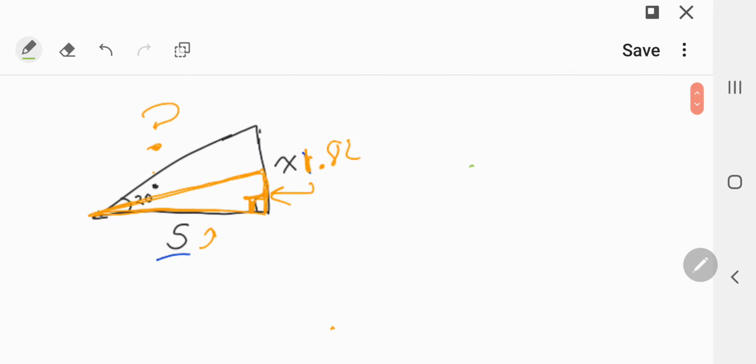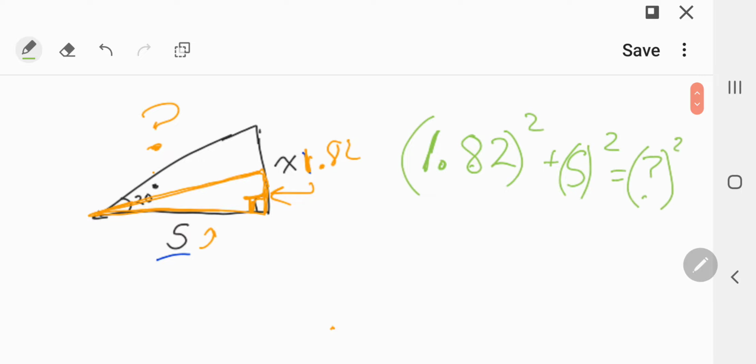Well, thanks to the most proven theorem of all time, we know that if you take this side, the 1.82 side, and you square that, and then you take the 5 side and you square that, it's going to be equal to the question mark, but squared. All right. I still have the numbers in my calculator.